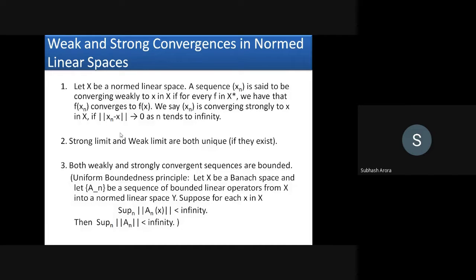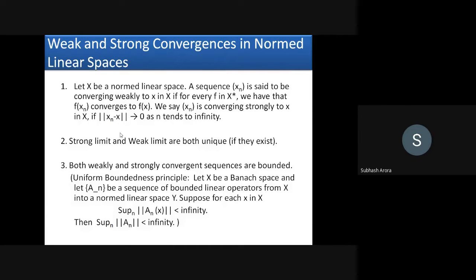Now, if xn converges to x weakly, that means f of xn converges to f of x. That means f of xn is bounded, because every convergent sequence of complex numbers is a bounded sequence. Applying the uniform boundedness principle, we immediately get that the norm of xn is bounded.